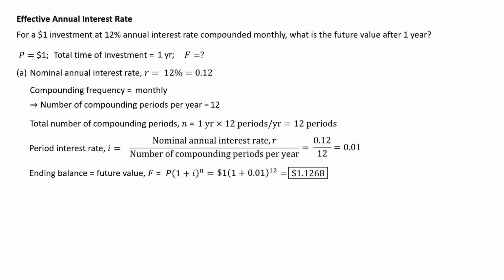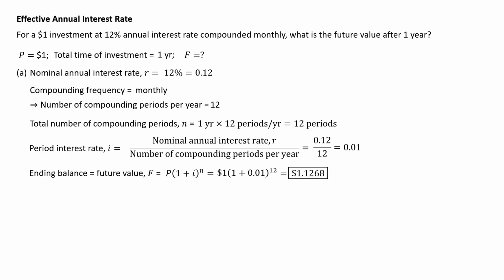But so what? What's the big deal about this? The big deal about this is, for a $1 investment or loan, how much are you paying at the end of 1 year? 1.1268.